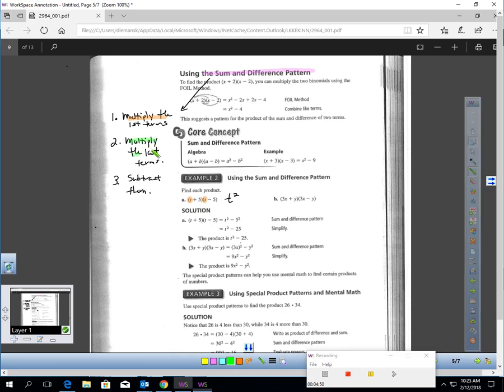Multiply the last terms. 5 times negative 5 is negative 25. So I put subtract them. You just minus 25. There you go. I guess you could really think about this as just 2 steps in a way, because we're going to end up subtracting every time, because positive times negative is negative, and there's your subtraction.